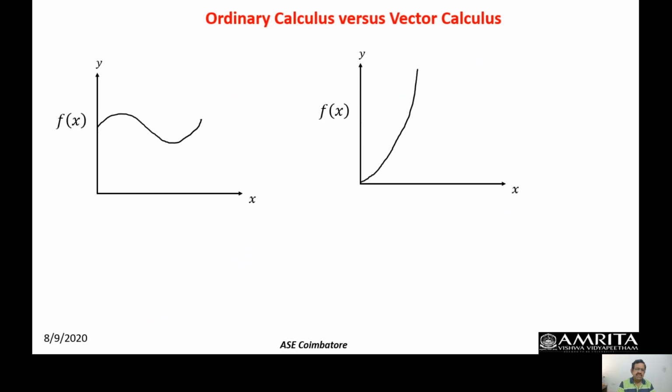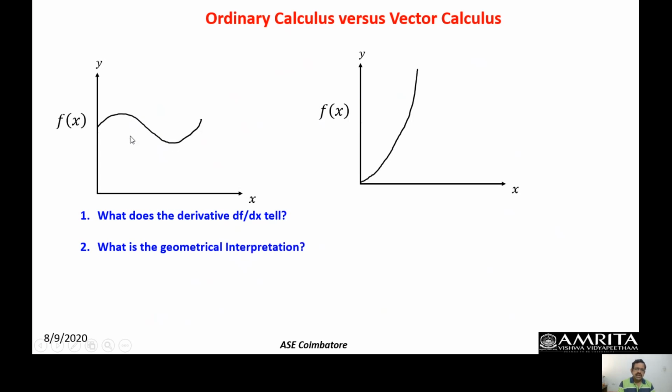If I differentiate this function f of x with respect to x, geometrically I will get the slope of this function. We can tell what this slope implies. The slope implies how much this function varies when I vary the variable by a small amount. Okay, so that is the idea.